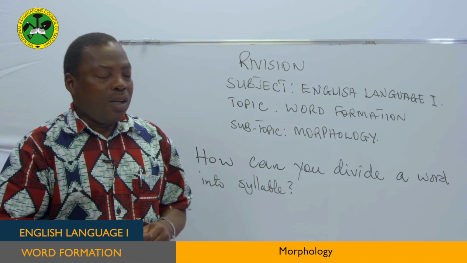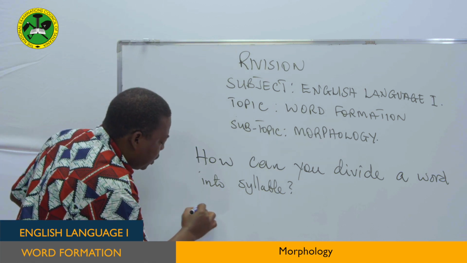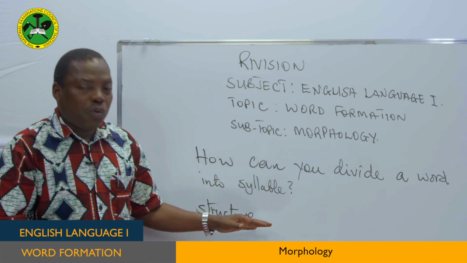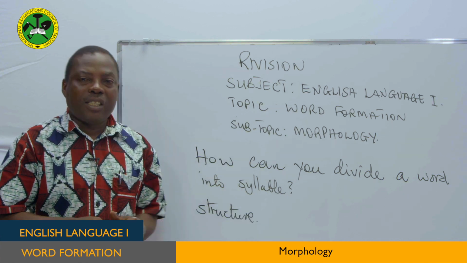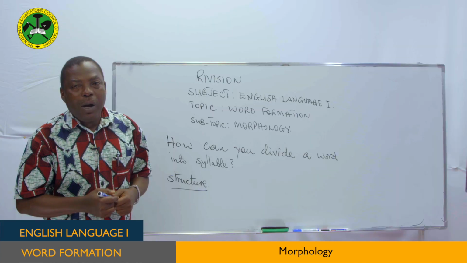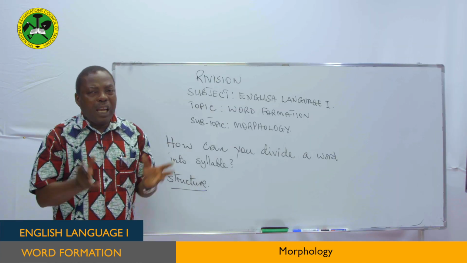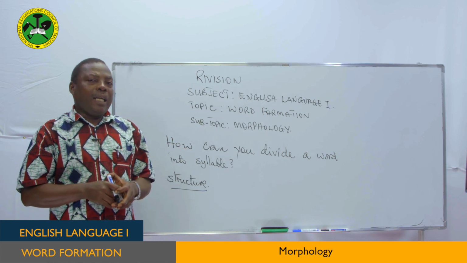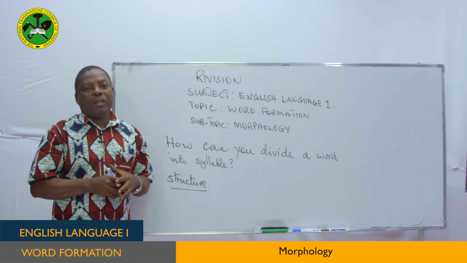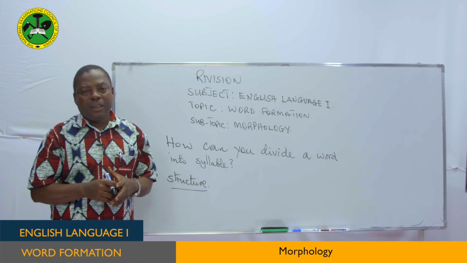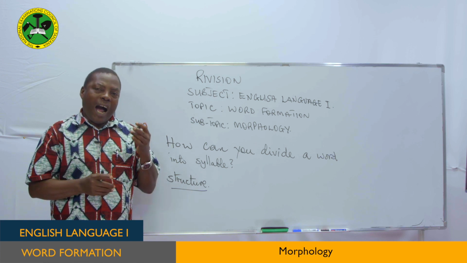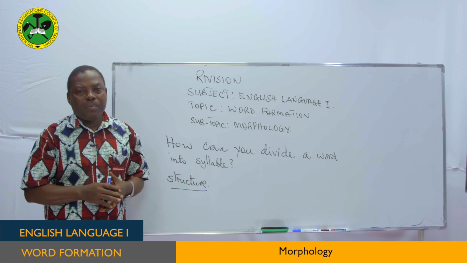In that case, our concentration will be on the structure of words, how a word has been built up. We all understand that whether spoken or written, a word has to have units.